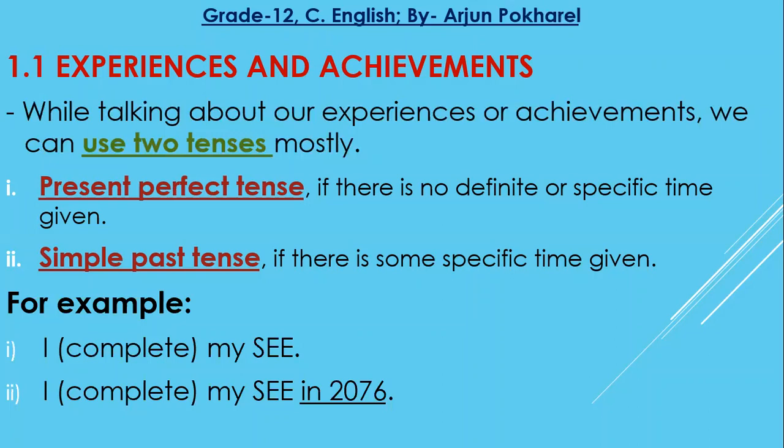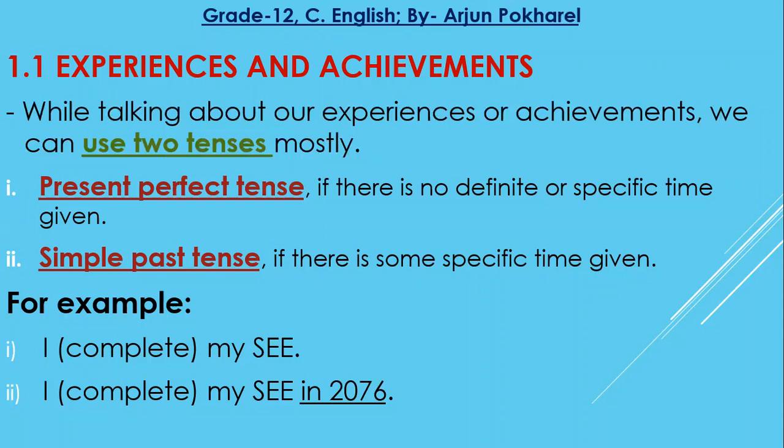In the same way, in I complete my SEE in 2076, which tense do we use? We use simple past tense. Why? Because there is some specific time given. What is the specific time? In 2076.